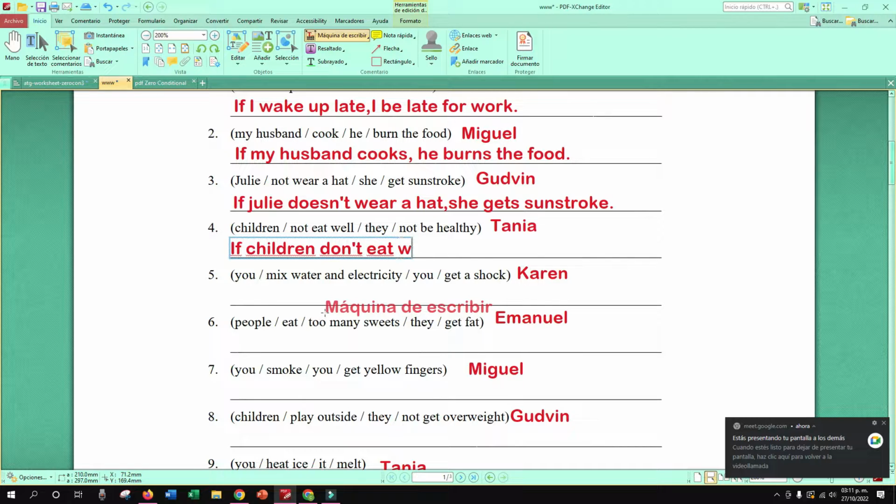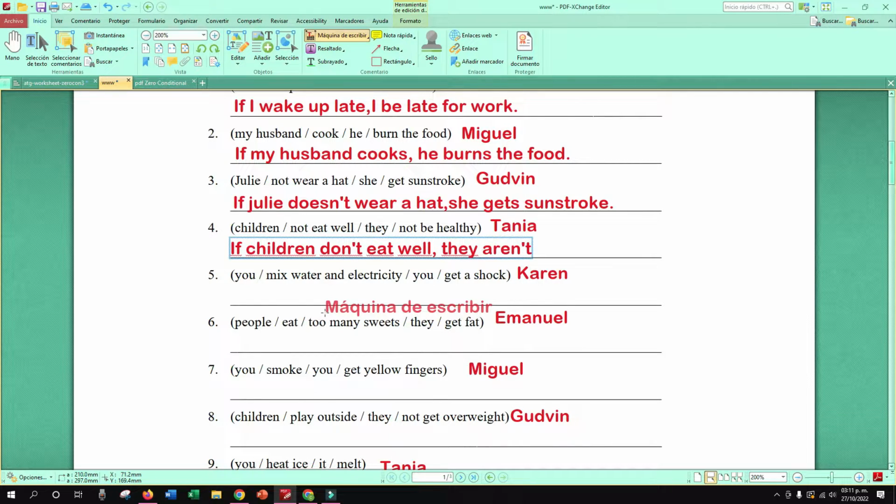Don't eat well, comma, they aren't. In this case, that is with the verb be because you have not be, right? So they aren't healthy. Healthy, right? So, Miss Tanya, check that one. If children don't eat well, they aren't healthy, right? So there you have simple present with the verb to be, and that's correct, okay? So, thank you, Miss Tanya.